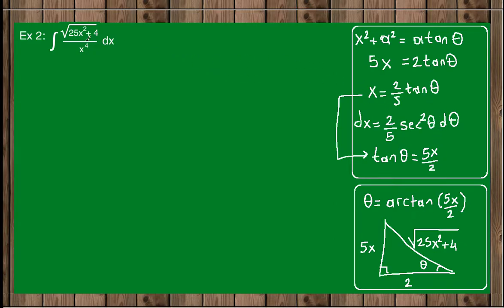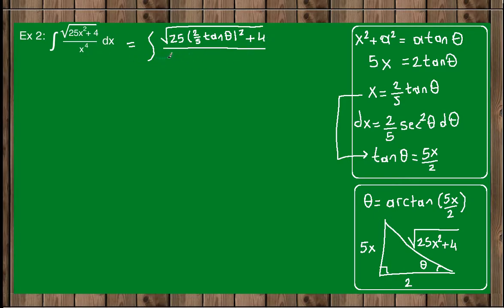Now let's substitute all x's with 2/5 tangent theta. So the integral equals radical sign. We have 25. Instead of x squared, we're going to write 2/5 tangent theta squared. And we have 4 here.